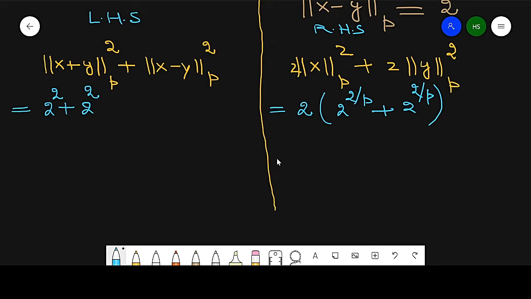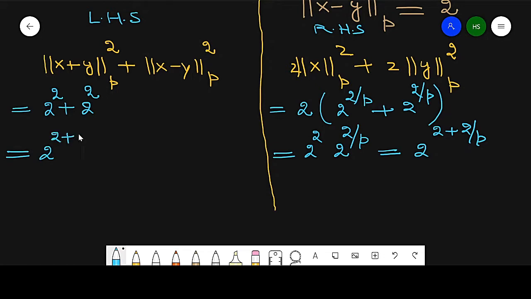So this can be written as 2 squared into 2 raised to power 2 by p, which is 2 raised to power 2 plus 2 by p, while the left hand side is 2 raised to power 2 plus 1, that is 2 raised to power 3.